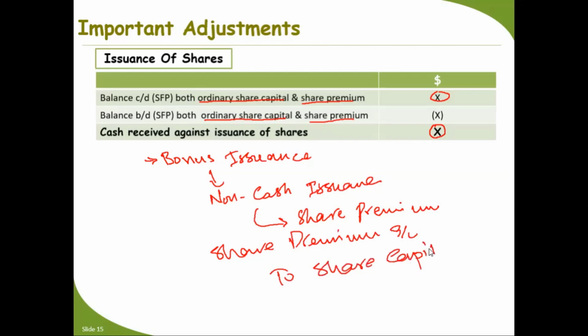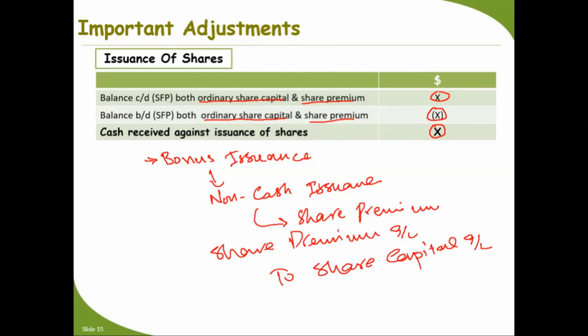Now look, by doing this, you are just revising the balance of share premium and share capital. The overall figure of these two will be the same, and we are adding the two figures here. So that's why we will ignore that adjustment.